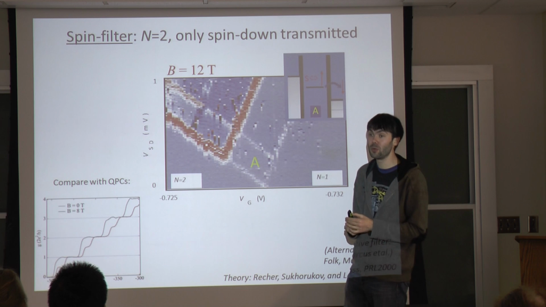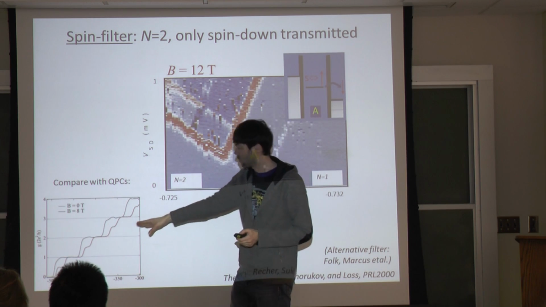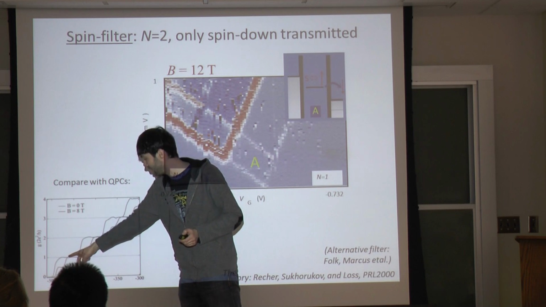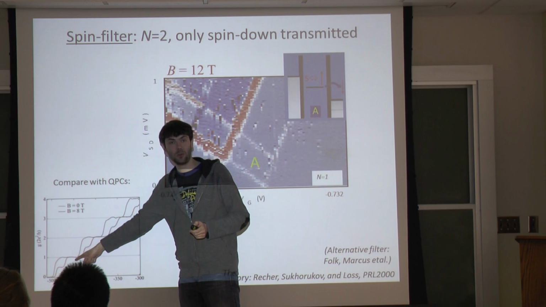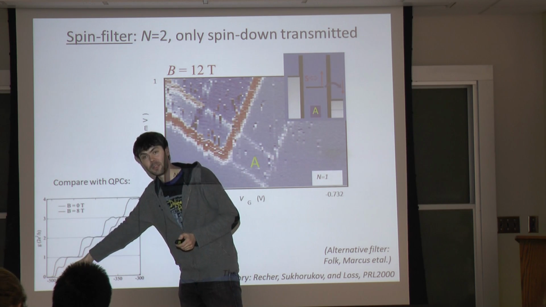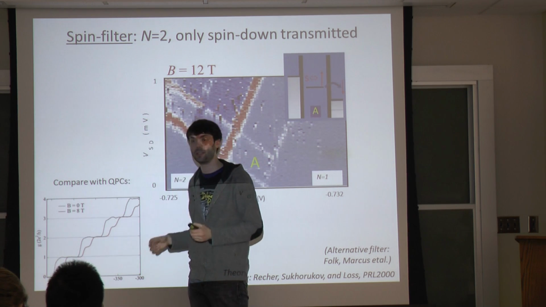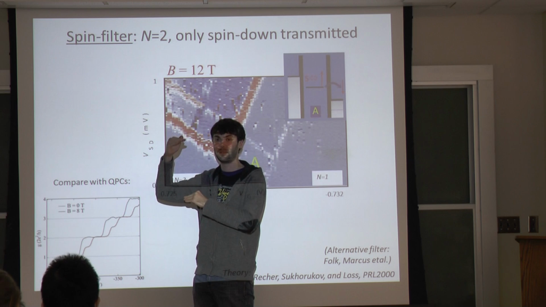Remember, I already showed you one example of a spin filter with these quantum point contacts, right? So these were the quantized steps, and at zero magnetic field, they are 2e²/h steps. Right? And that's due to spin degeneracy. And then for the red trace, we lift spin degeneracy, and we have a step at 1e²/h, which means that spin degeneracy of subbands is lifted.